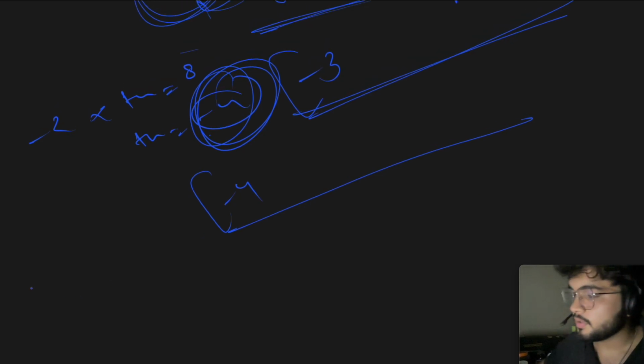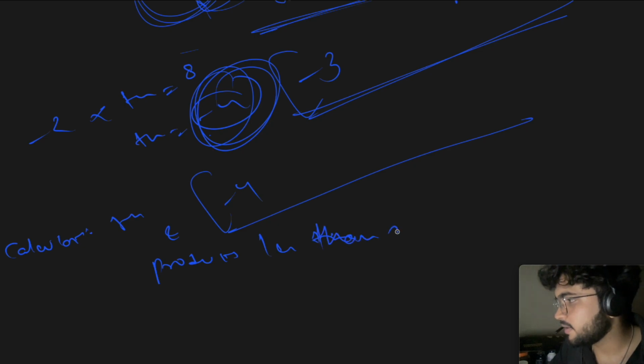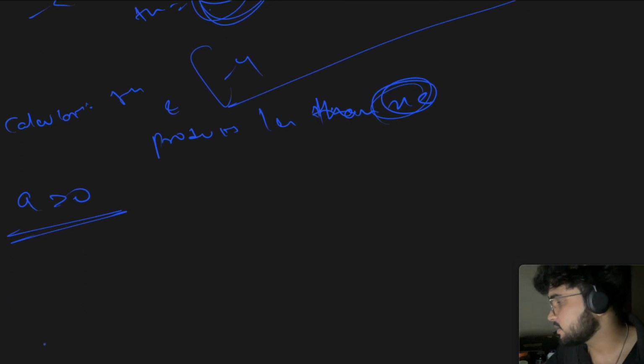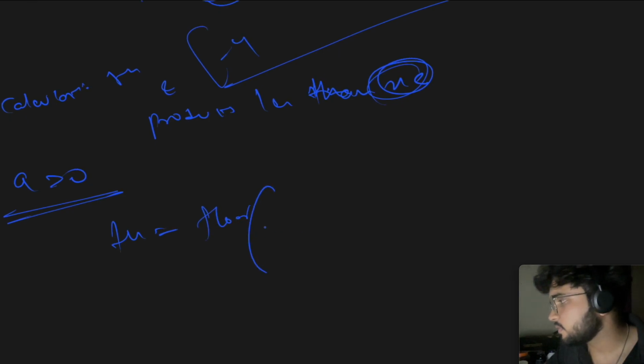Should we revise? For calculating thresholds and products less than or equal to x, excuse me for my handwriting. If the element we are selecting is greater than 0, the threshold will be floor of x by a.